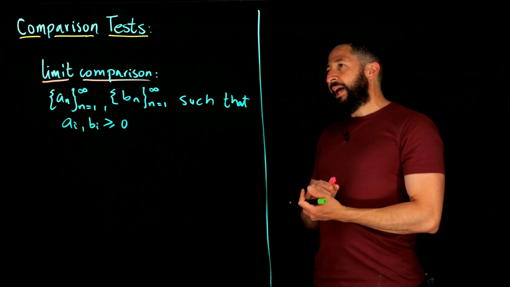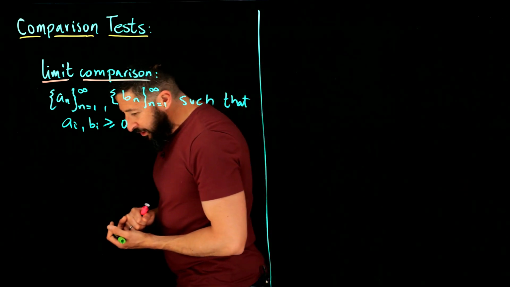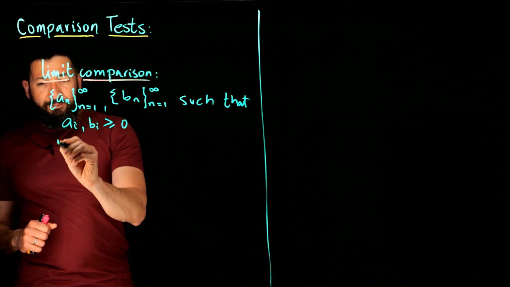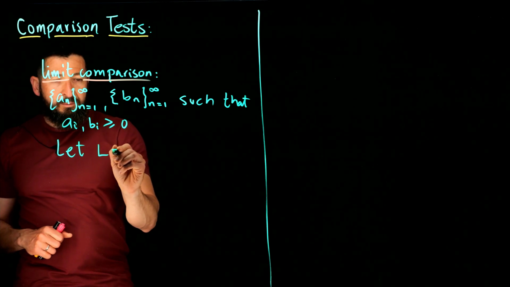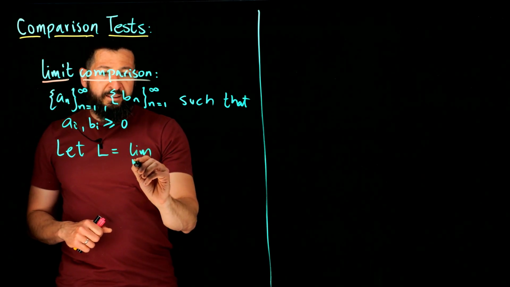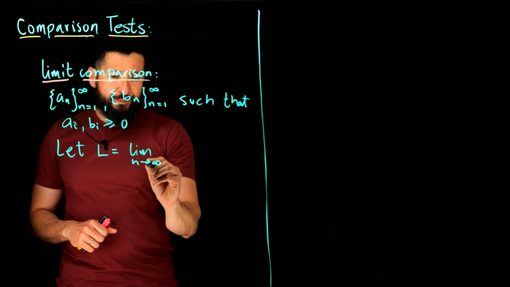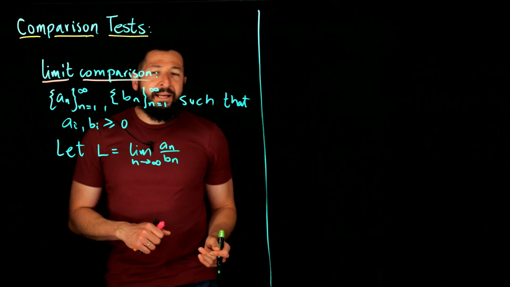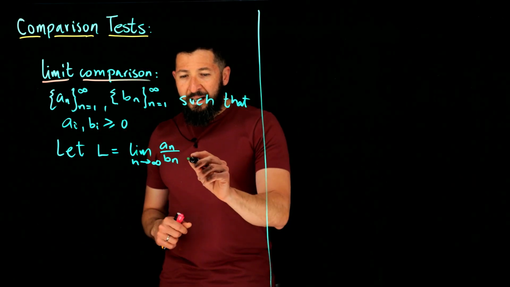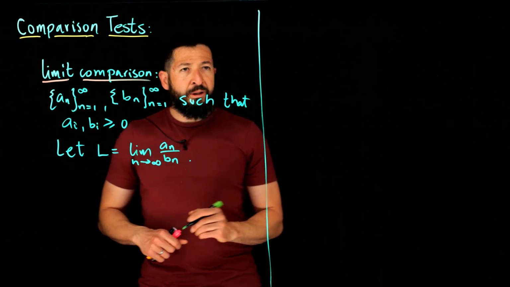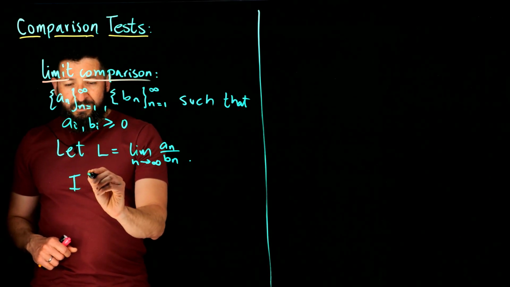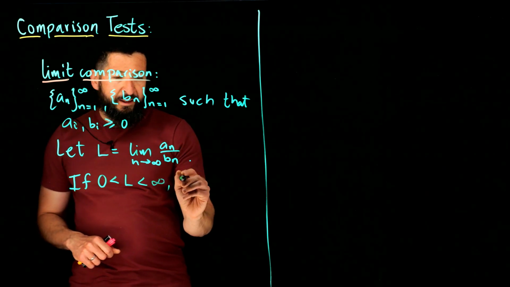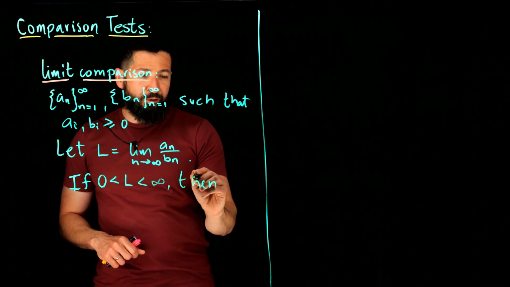And you will say that the limit, let L be the limit as n goes to infinity of a_n over b_n. And that L can be several things. So if, I can write it here still, if 0 is strictly less than L, strictly less than infinity, then this is the one that is very useful.